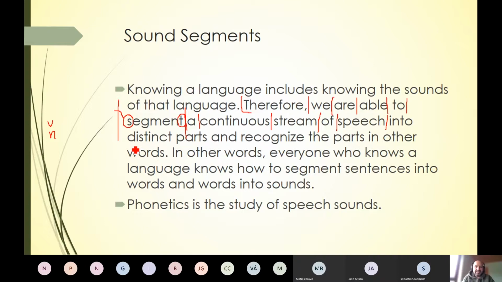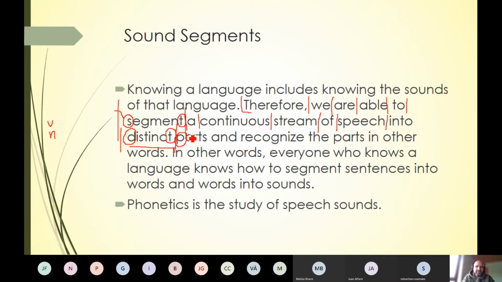The same with the next one, distinct, right here. We can identify the initial sound, d, and we can identify the final sound, t. And then we can understand that these are the boundaries of this word. And whatever comes after, for example, parts, the p is a sound that does not belong to distinct, right?